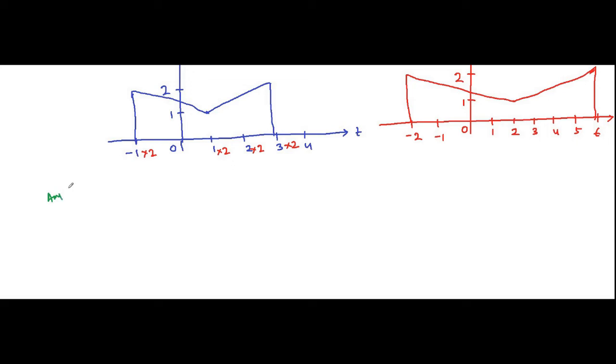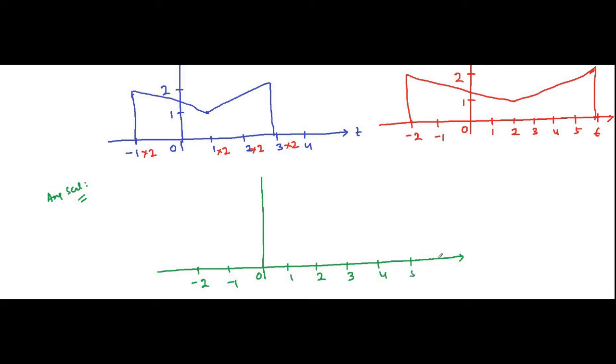Amplitude scaling. It's x(t/2 + 1), 1, 2, 3, 4, 5, 6. Let's say this is 2 multiplied and here it is 4.